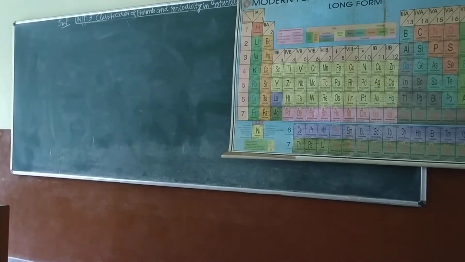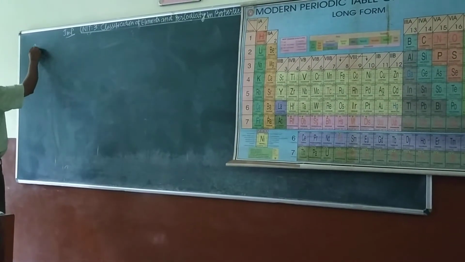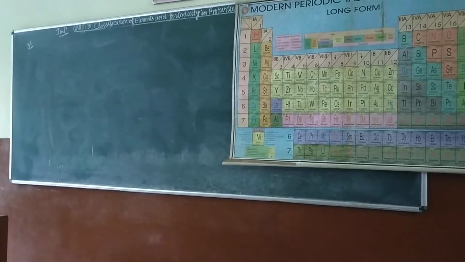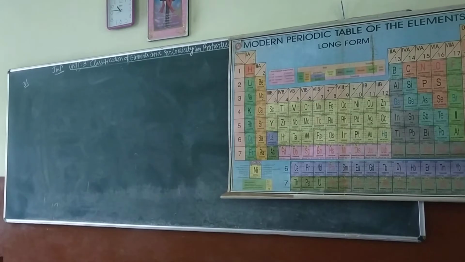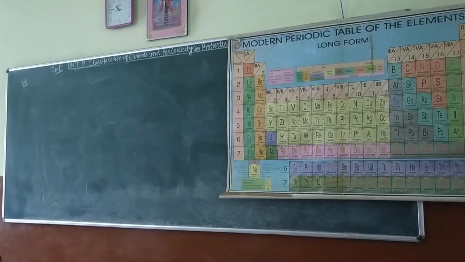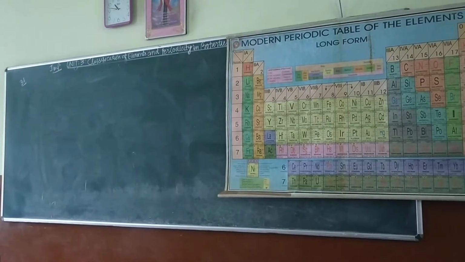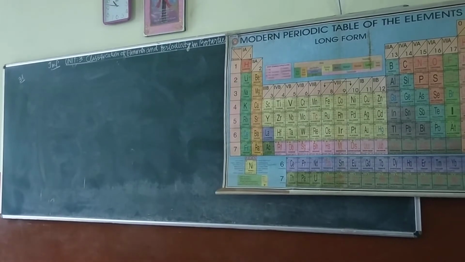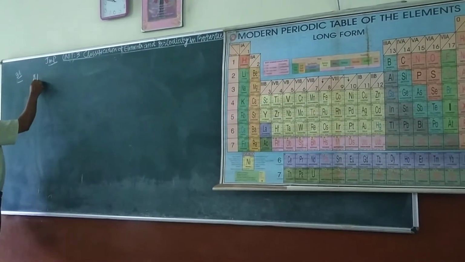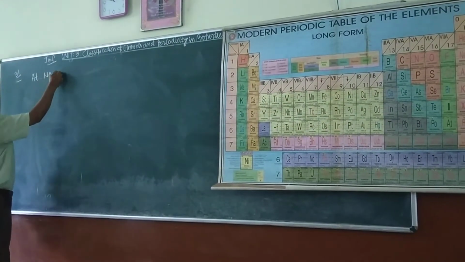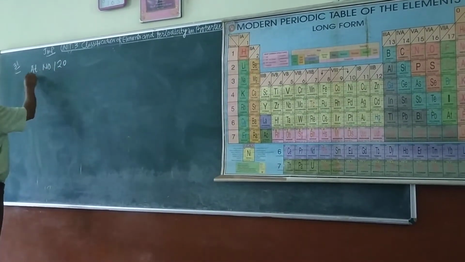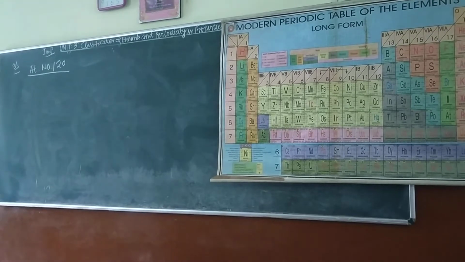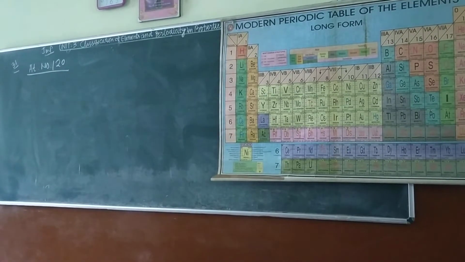It says: what would be the IUPAC name and symbol for the element with atomic number 20? You have to assign the IUPAC name and symbol.